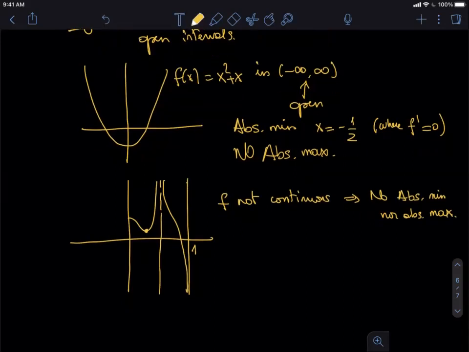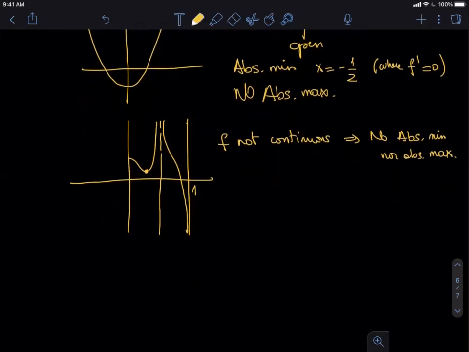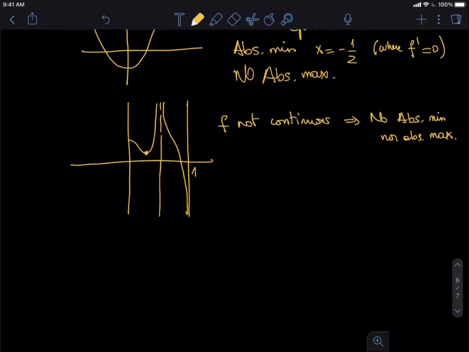You see here when we look at the plot, it goes all the way up to infinity, so no absolute maximum, and then it can escape all the way down to negative infinity, so no absolute minimum. That is because the function is discontinuous, even if we take the closed interval [0, 1].